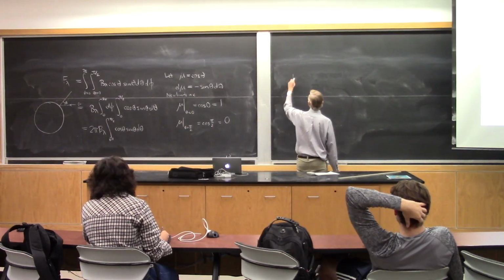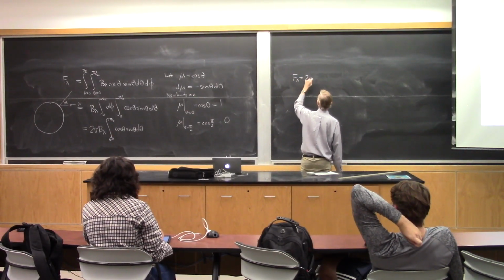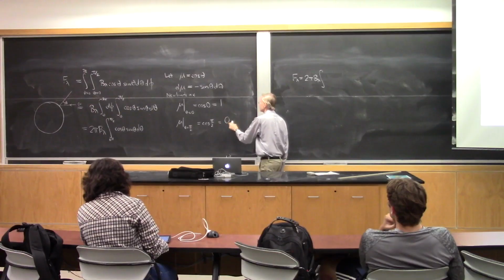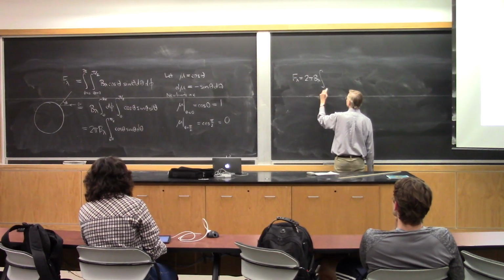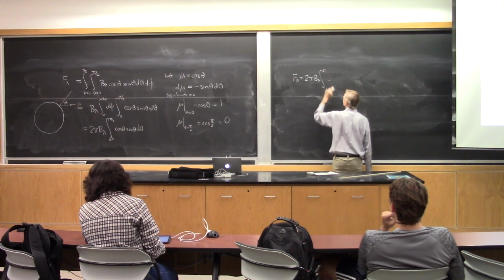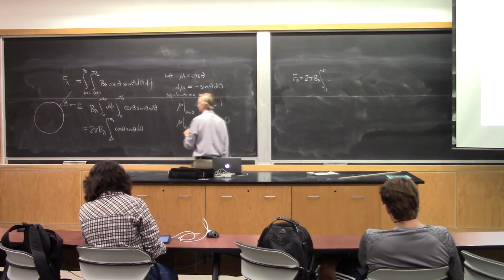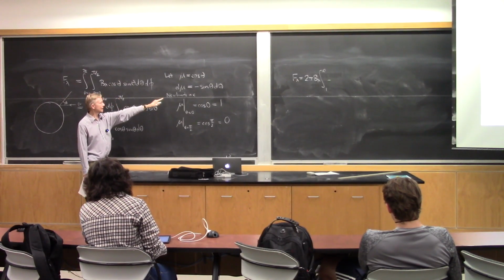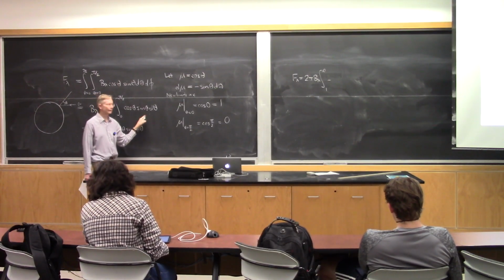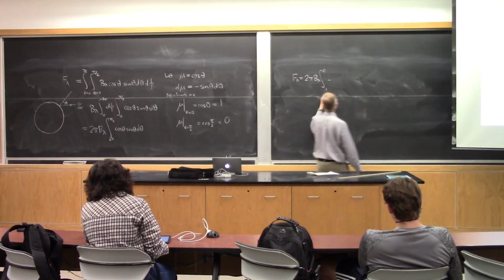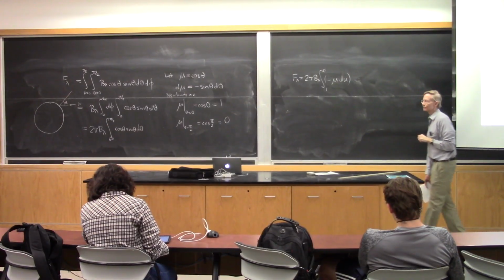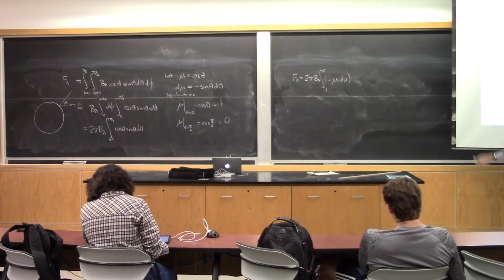F lambda is 2 pi B lambda times the integral from 1 to 0 of minus mu times d mu, because sine theta d theta is minus d mu, and cosine theta is mu.